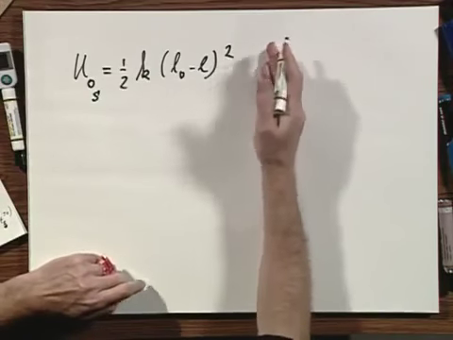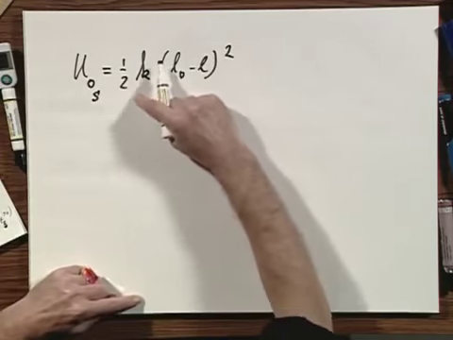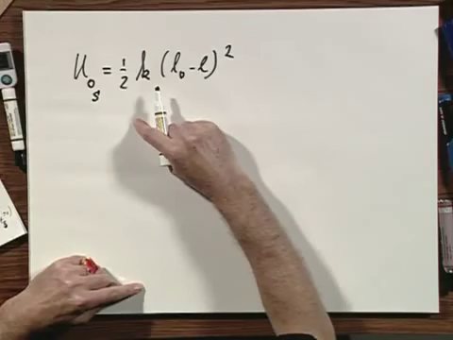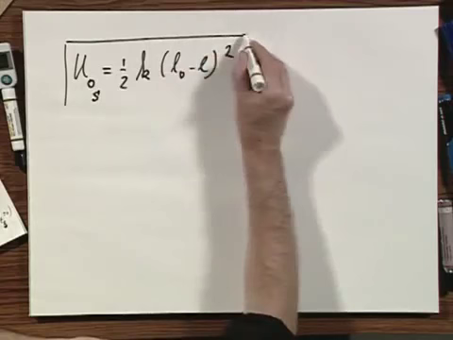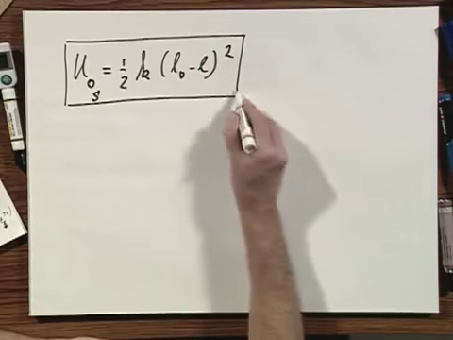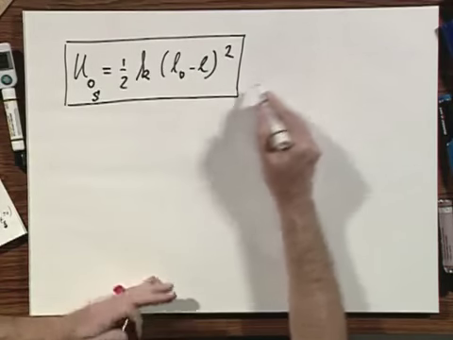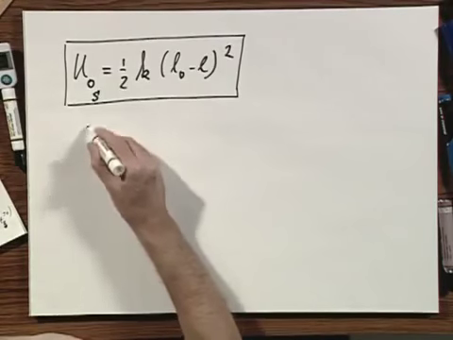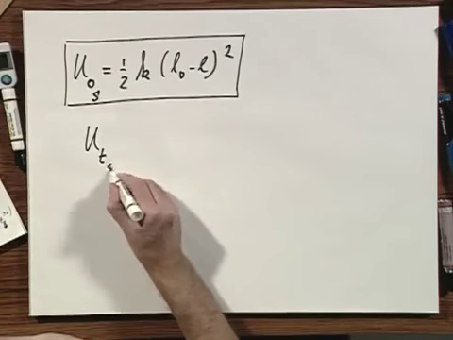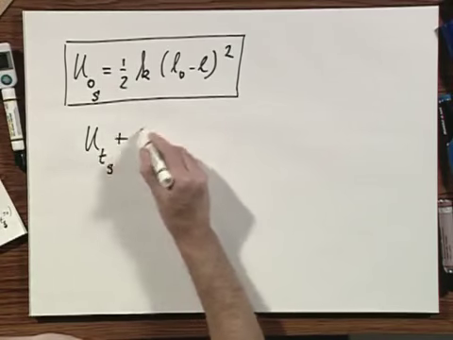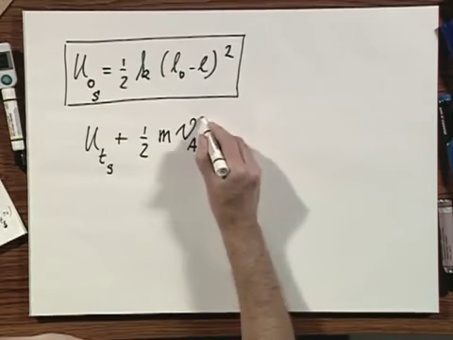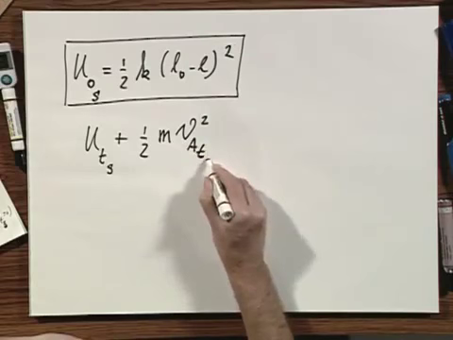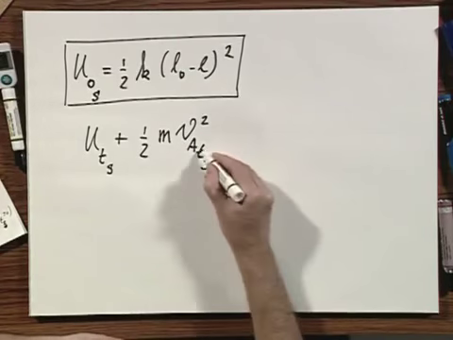So at any moment in time after this, because I squeeze it in and then I let it go, this is the total energy in the system, which now is partially kinetic and partially potential. Here is the potential part at any moment in time, and here is the kinetic energy of A as a function of time.